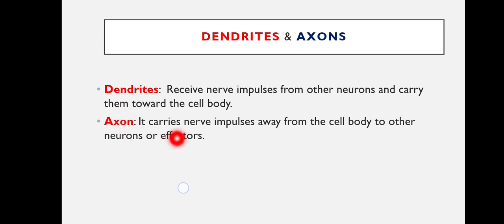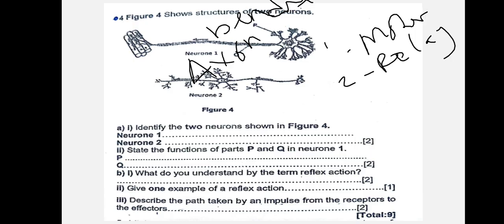It carries nerve impulse away from the cell body to other neurons or effectors. In other words, you can say it transmits nerve impulses within a neuron. Then that is correct. So question 2 is answered. We go to B now.